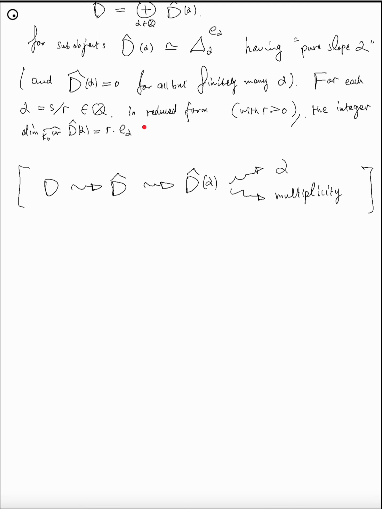This is because previously we mentioned that the dimension of the simple object is finite, dimension r, and here it is raised to the power e alpha, so the dimension is r times e alpha.